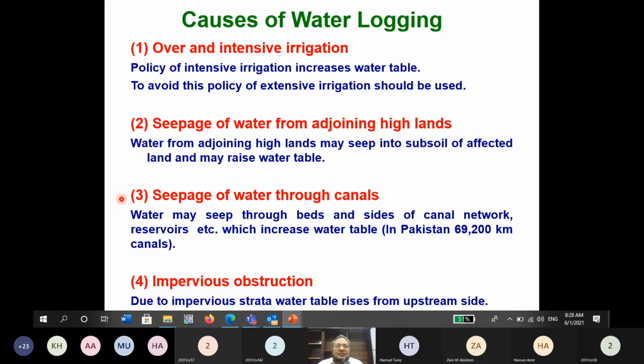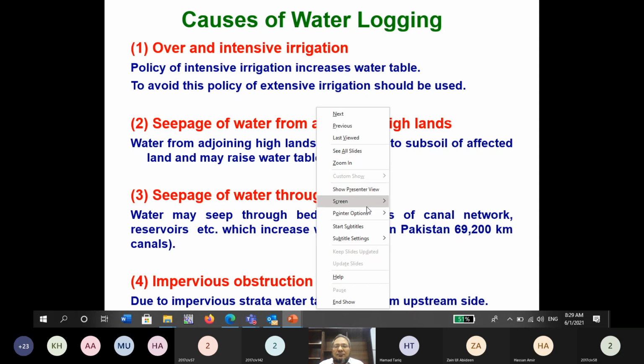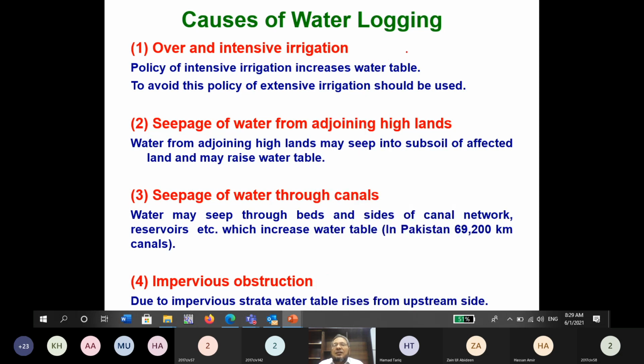You can also understand this with this diagram. For example, this is a flat land, and here this is a sloping land.